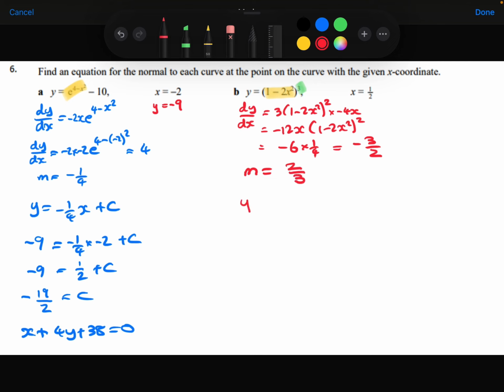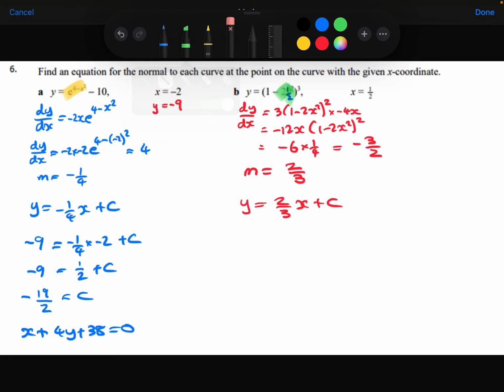And we can now do y equals mx plus c. To work out the c, I'll need to substitute a coordinate in. I know that the x coordinate is 1/2. So if I substitute 1/2 in here, the 1/2 squared is 1/4. When I times that by the 2, I'll get 1/2.